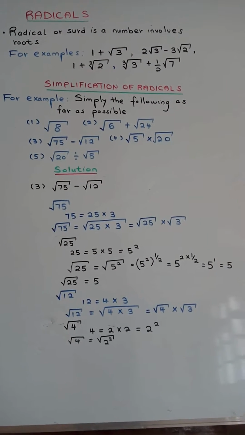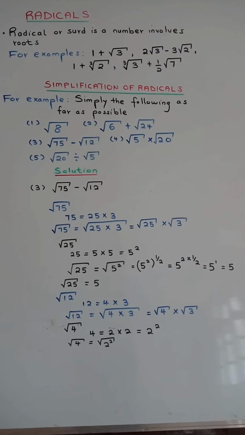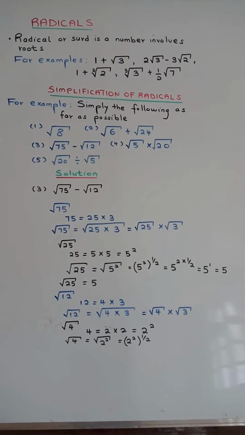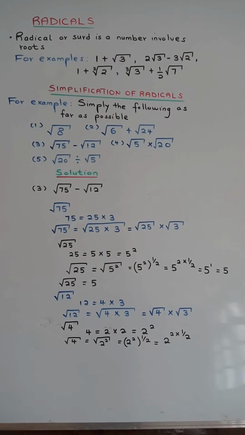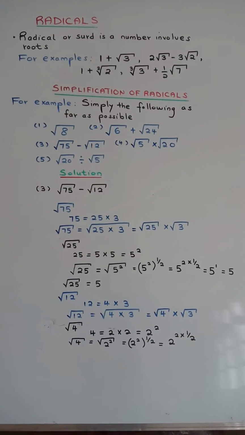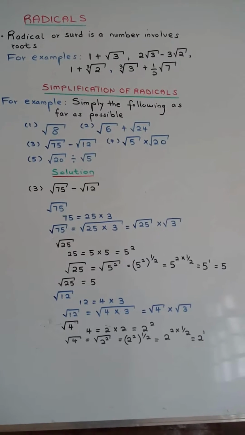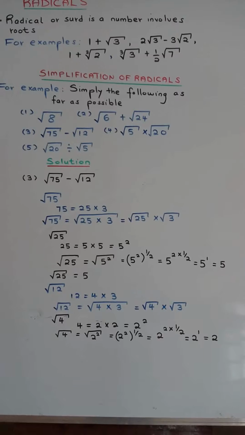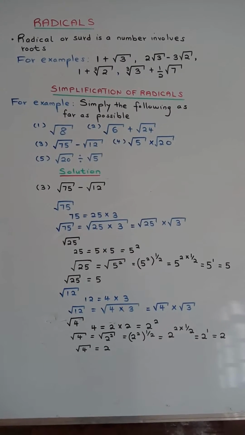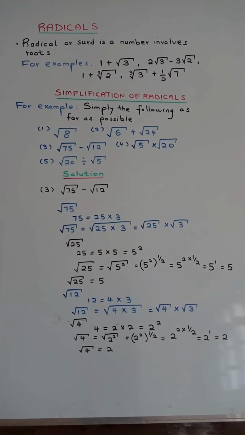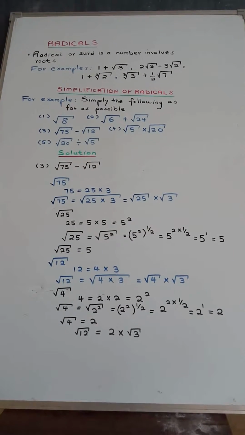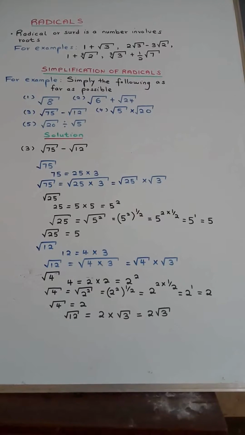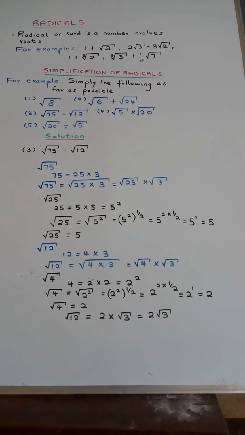Radical 4 is equal to radical 2 squared, which is equal to 2 squared raised to a half, which is equal to 2 raised to 2 times a half, which is equal to 2 raised to 1, which is equal to 2. So radical 4 is equal to 2. So radical 12 is equal to 2 times radical 3, which is equal to 2 radical 3.